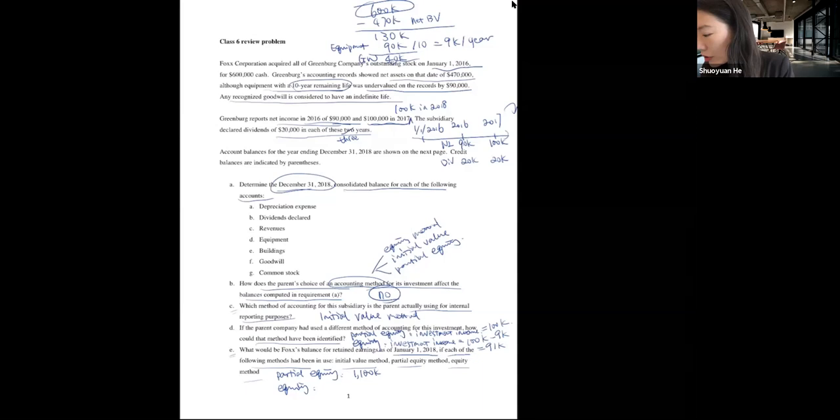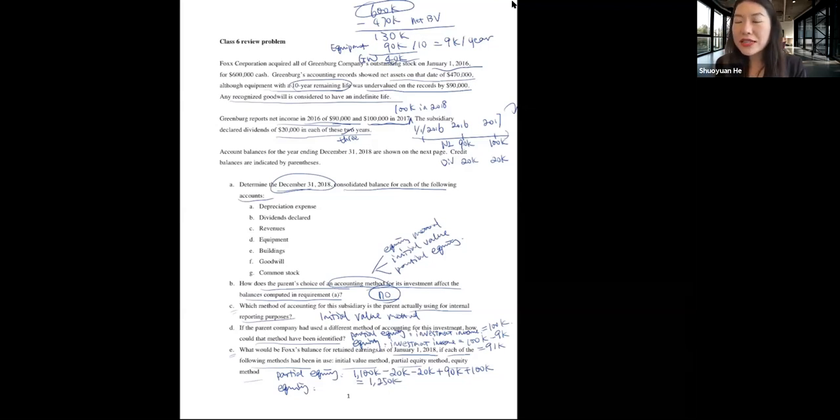So we need to take out the 20,000 dividend recognized in 2017, and then take out the 20,000 dividend recognized in 2016 under the initial value method as income. And then we need to add back 90,000 and 100,000 for the 2016-2017 income, which should be recognized as income under the partial equity method. And this will give you the retained earnings under the partial equity method of 1.25 million.